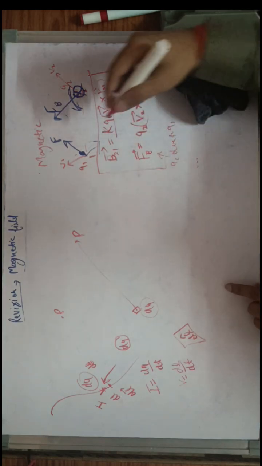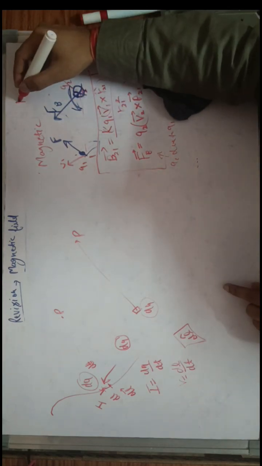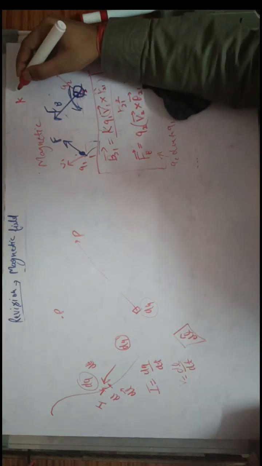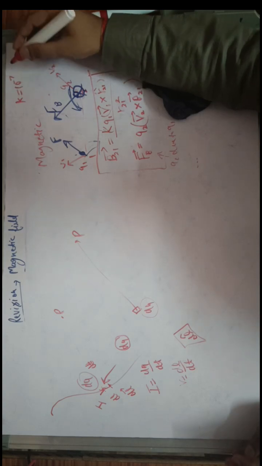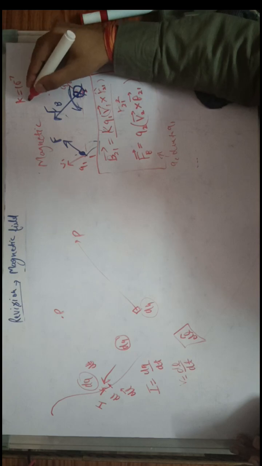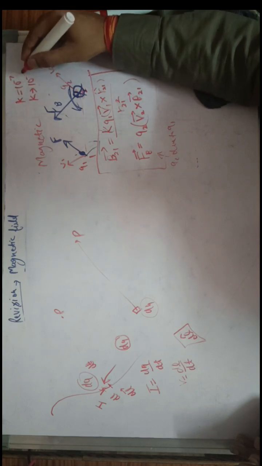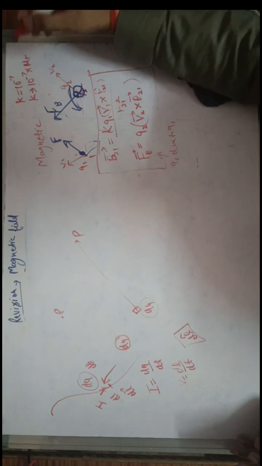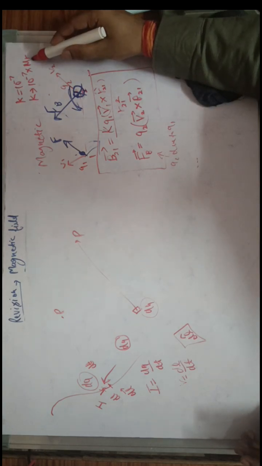Now I can write this formula, and here this value of k, when there is vacuum, is 10 to the power minus 7. But when a medium is used, then the value of k is replaced with 10 to the power minus 7 times mu relative, that is the relative permeability.